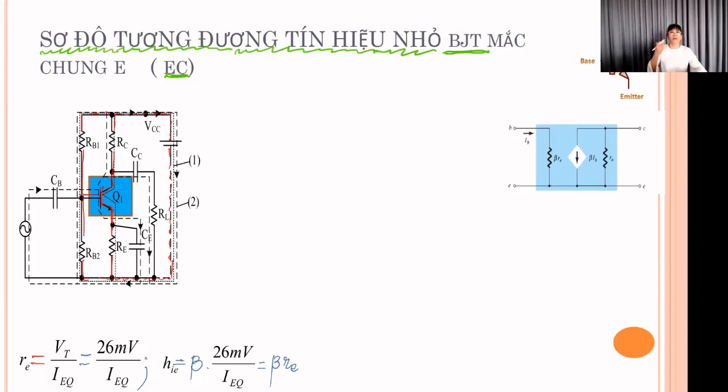And relating to AC, you can see here 3 capacitors: 2 connecting capacitors and 1 bypass capacitor.